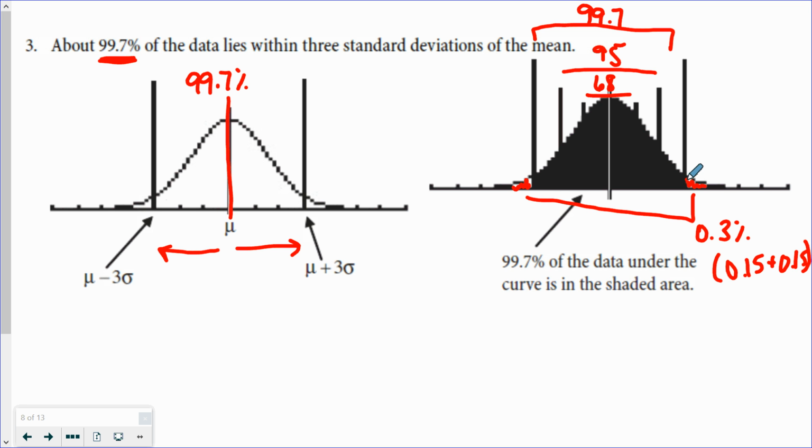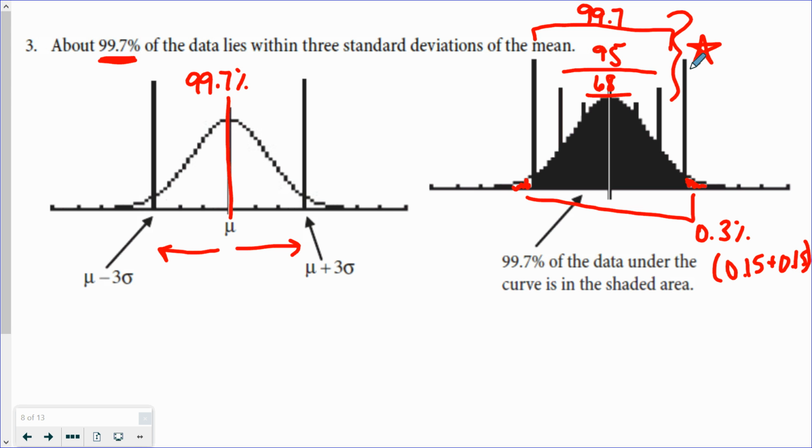That's what each of those would be worth, 0.15%. So 99.7% is this blackened part. So that means our leftover is 0.3, and if we divided those both in half, 0.15 on either side. So these 3 numbers are important. You're not given them, but you do kind of need to know them.